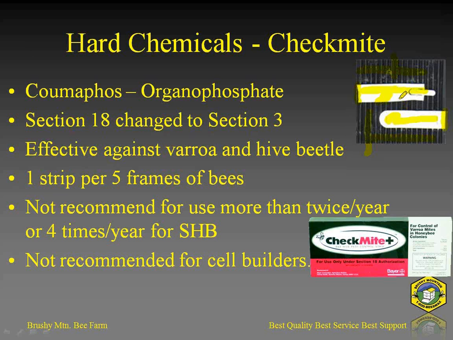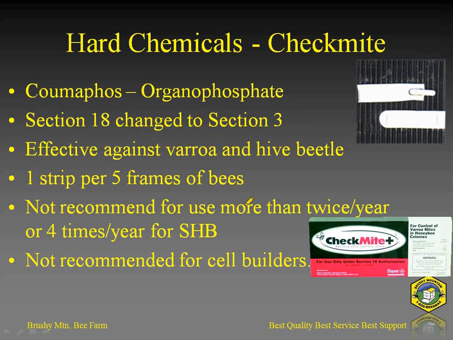If you're using this to treat Varroa, you would take 1 of these full strips, so you wouldn't cut it in half, 1 strip per 5 frames of bees, just like the Apistan. Generally speaking, you'll be applying 2 strips per hive. And again, it's not recommended for use more than twice a year, again, because of potential accumulation in the wax, and not more than 4 times a year for small hive beetle.